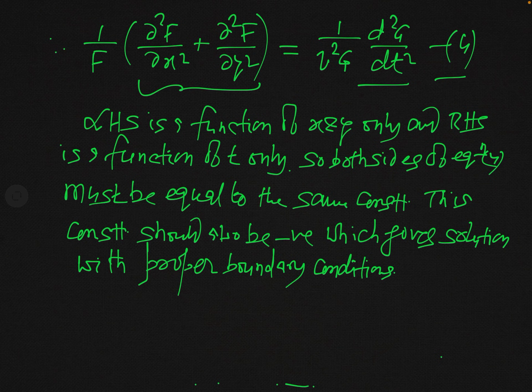So I will write this constant directly as a negative constant, not positive, not 0, because 0 and positive value do not give the proper solution of the wave equation.